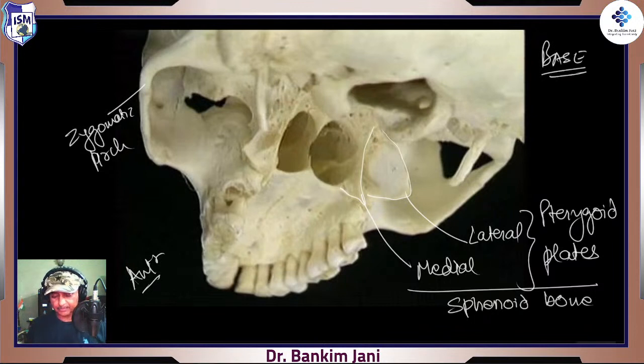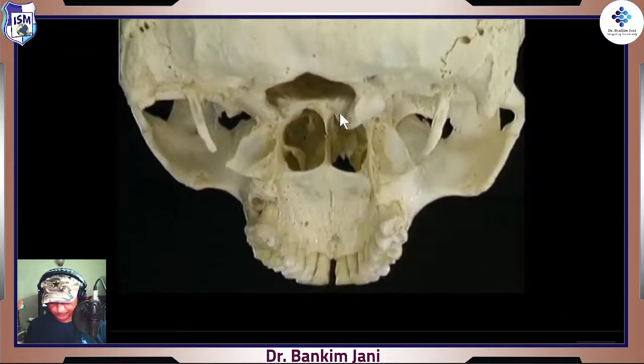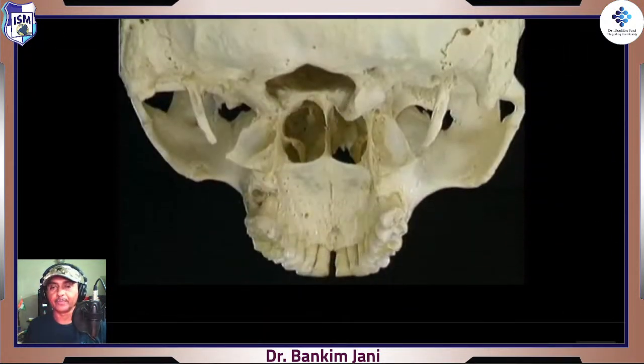So that's why we are watching it in the base of the skull. This is the base of the skull, and it is in which part? It is anteriorly, right? So that's what we are watching. These are all teeth, the hard palate. So just behind it is located over there. Okay. Now see, that's the pterygoid plate, right?